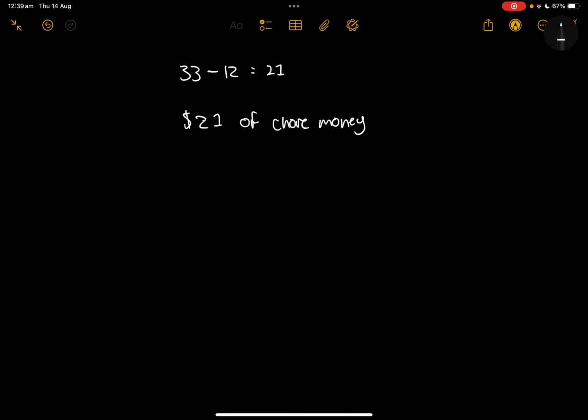Because since she gets paid $3 per chore, if you divide the amount she's made from the chores by the amount she gets paid for the chores, you'll find out how many chores. So 21 divided by 3 is equal to 7, which means she completed 7 chores.